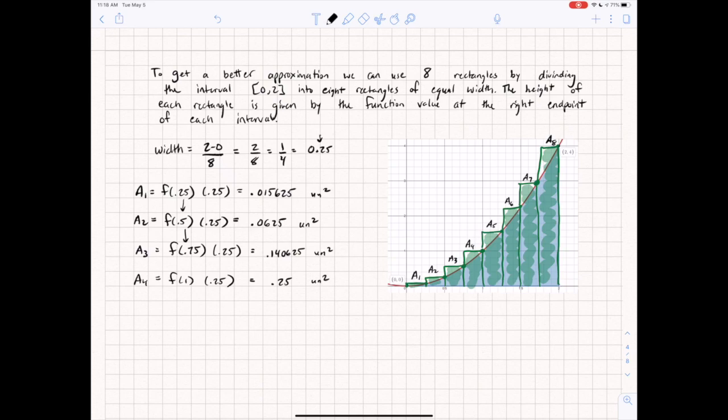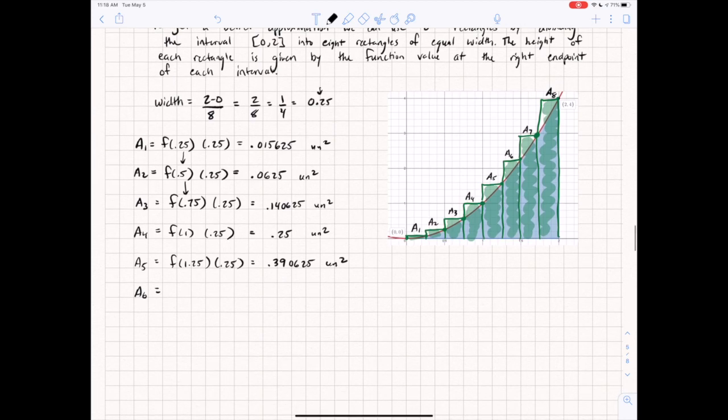The fifth strip would be f of 1.25 times 0.25. This would give you 0.390625. Almost done here. The sixth rectangle, the height is f of 1.5. The width is 0.25. Multiplying this out, you would get 0.5625.